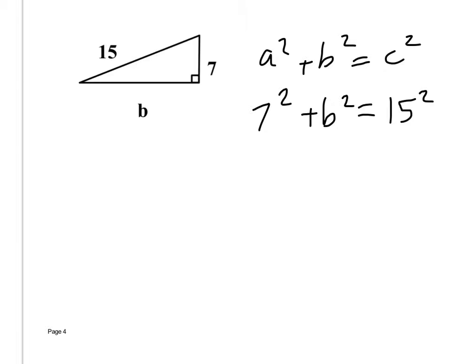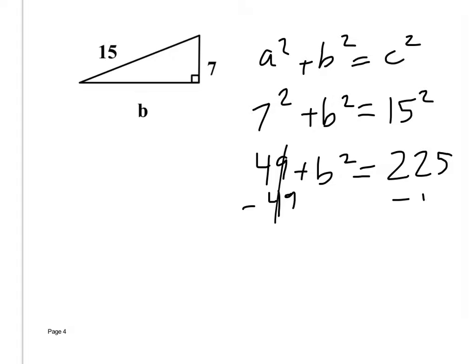I've got b squared. That's the one I'm trying to find. So I do 49 plus b squared is equal to 15 squared. Does anyone know what 15 times 15 is? It is 225. So I subtract 49 from both sides. That gives me 176 is equal to b squared.